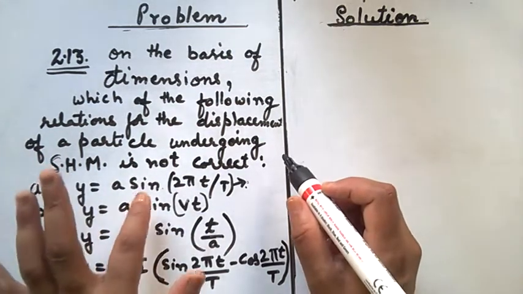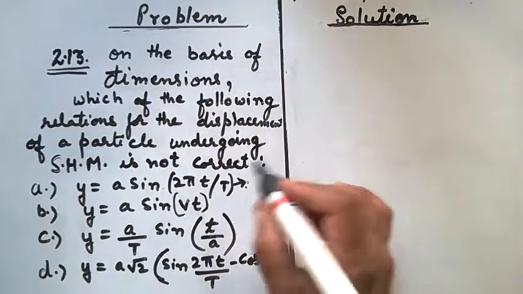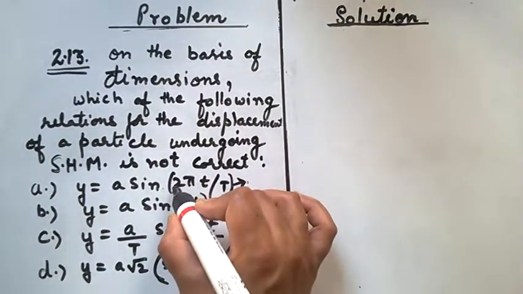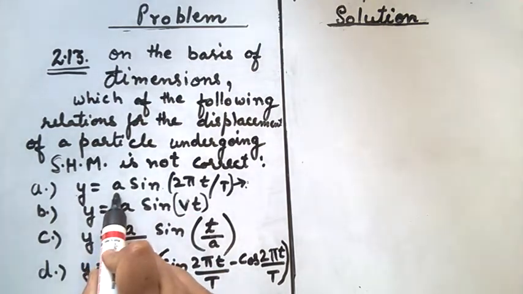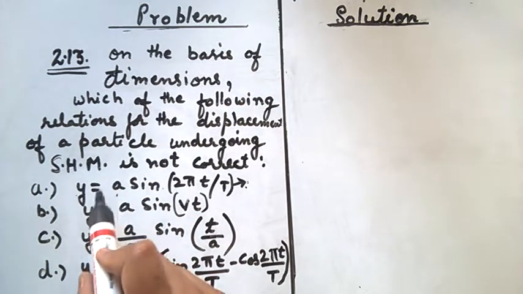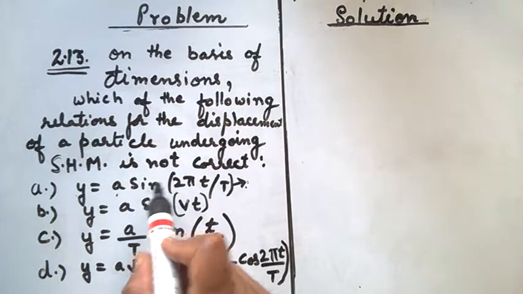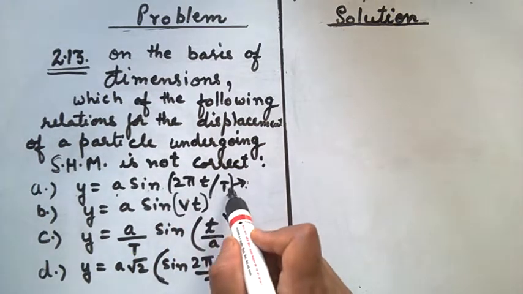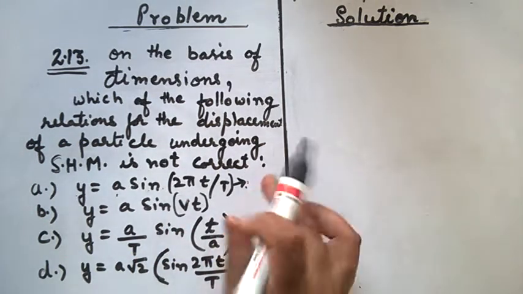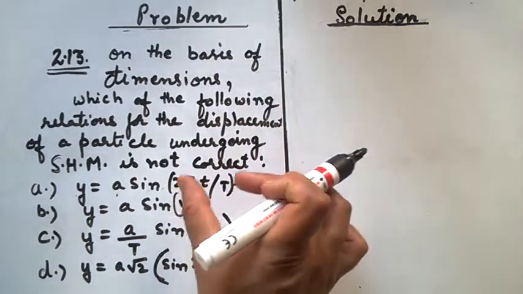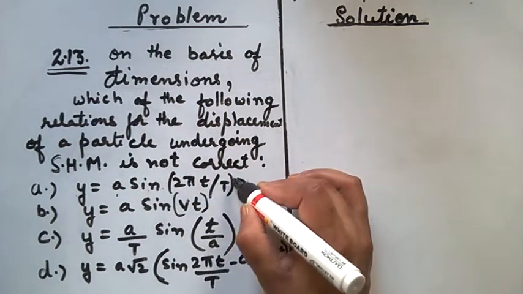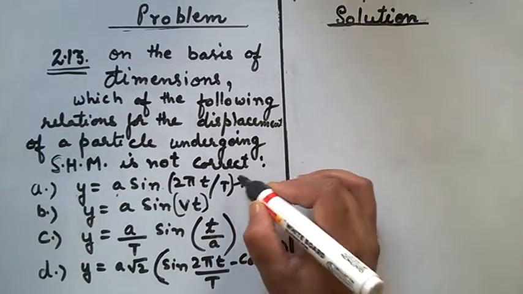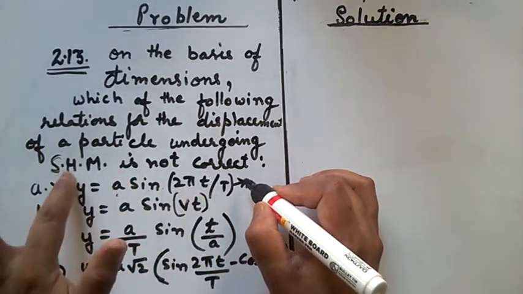We will see that this equation consists of displacement, maximum amplitude, which is in terms of length, and an angle, known as the argument. We know that an angle has no dimensions, so if the argument is dimensionless, then it follows the equation of SHM, otherwise not.